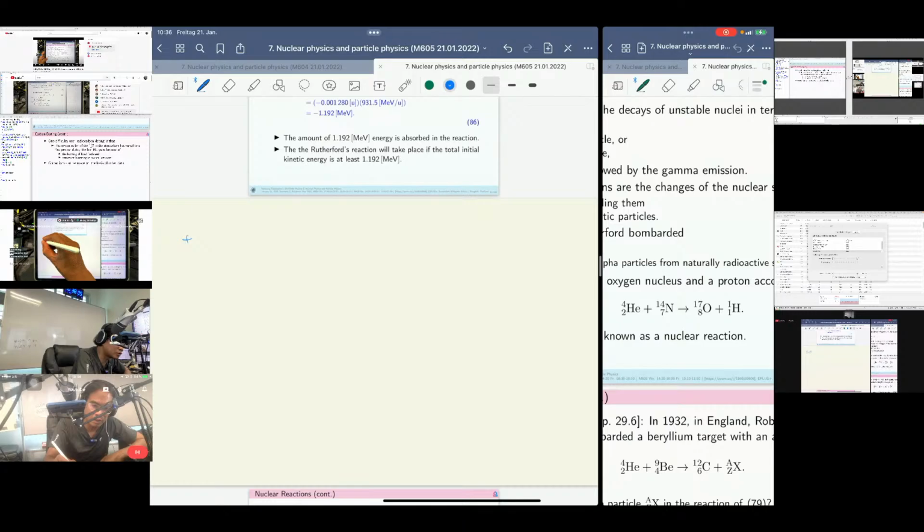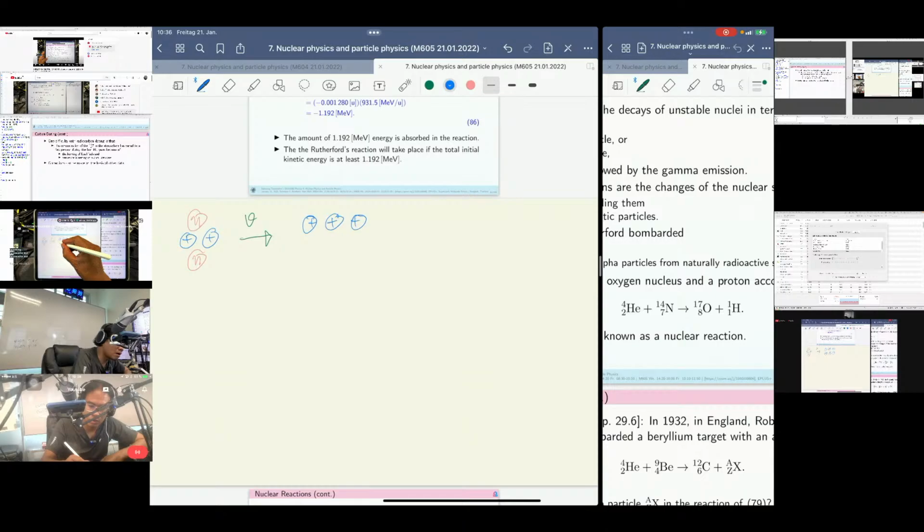It hits nitrogen 14, 7. So we have 7 protons, and 7 neutrons. That's the nucleus of nitrogen 14.